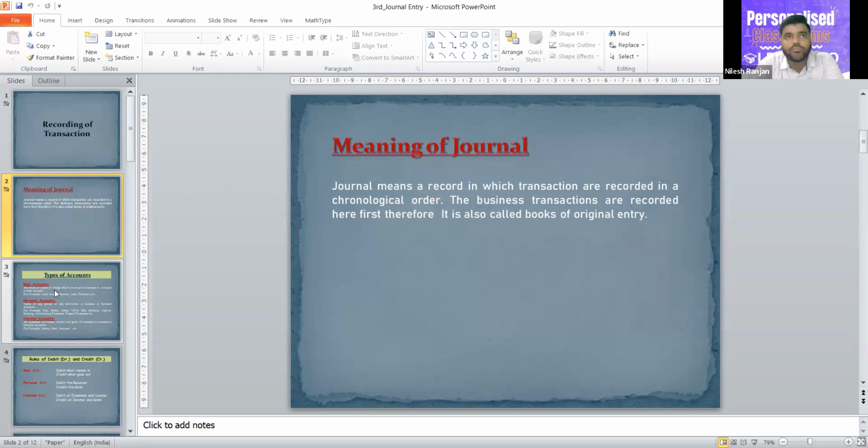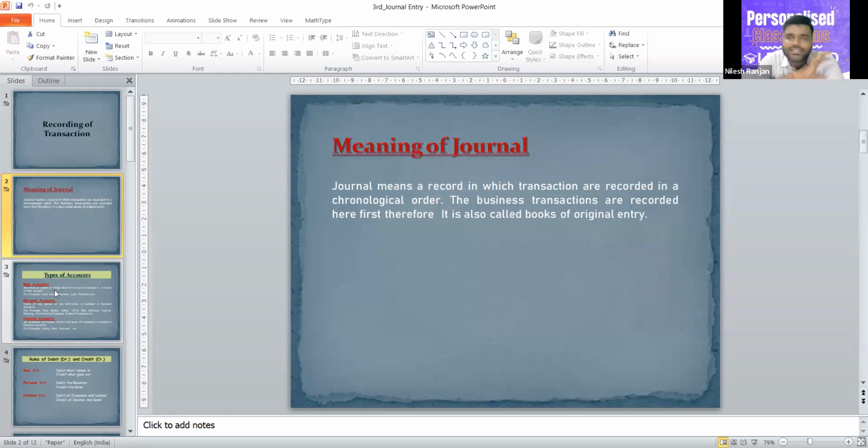Electrical equipment like bulbs and fans. Yes, these are also assets. And the land on which our business operates, and the building, are also assets. So these are real accounts for our business.